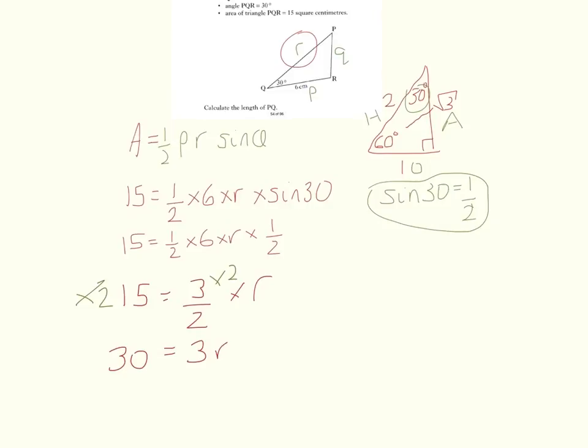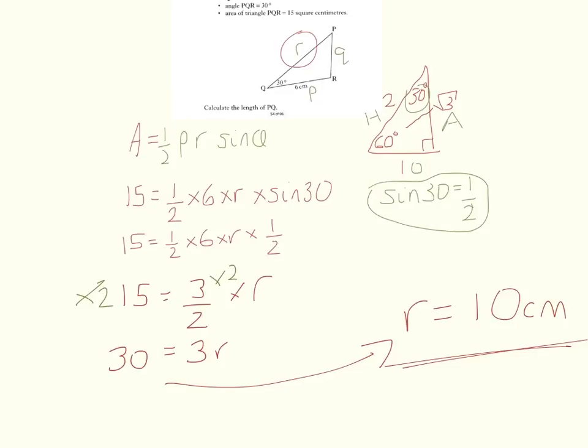Divide both sides by 3, which will lead on to an answer of r equals 10 centimetres. So here was a wee bit more problem solving. If you do 0.5 times 6 times 10 times sine of 30, we should find that the area comes out to 15, which it does.